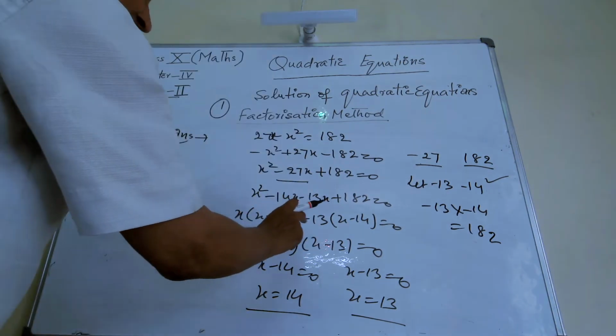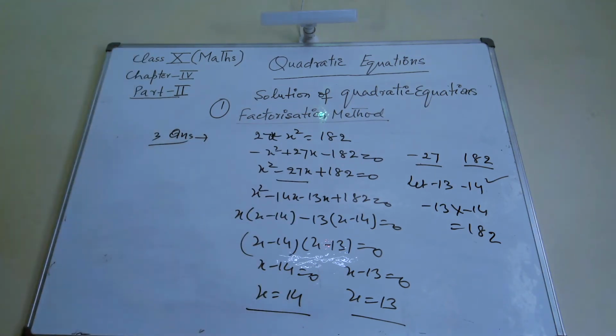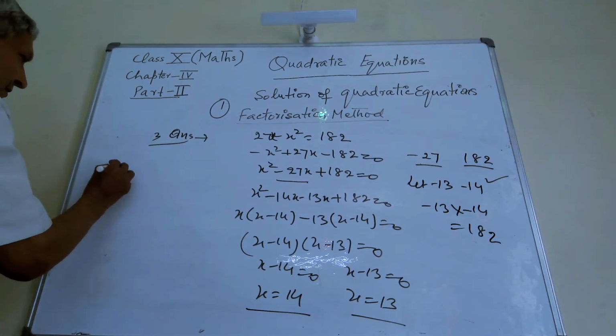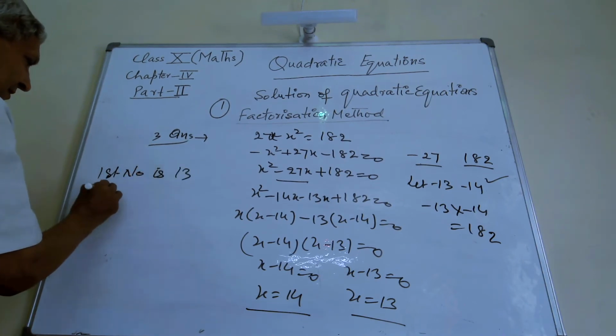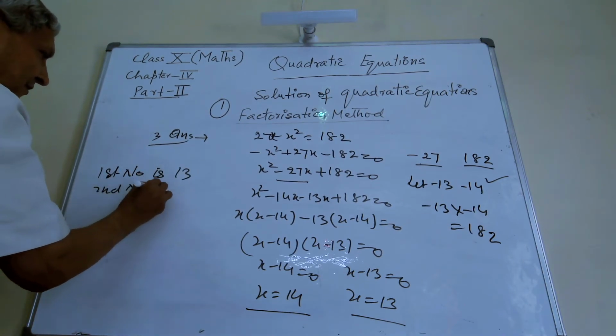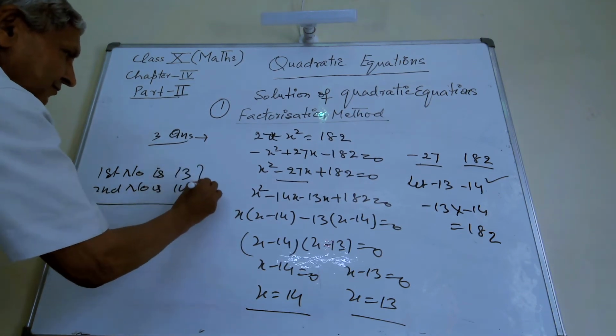This is correct, and these two numbers are 13 and 14. So, now this is the result. We have to find out the two consecutive numbers. First number is 13. Second number is 14. This is the answer.